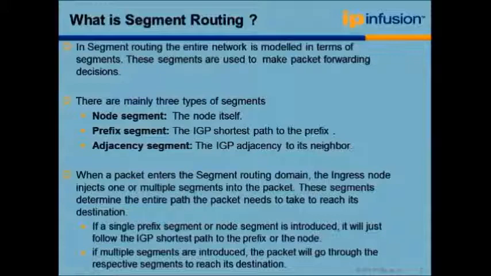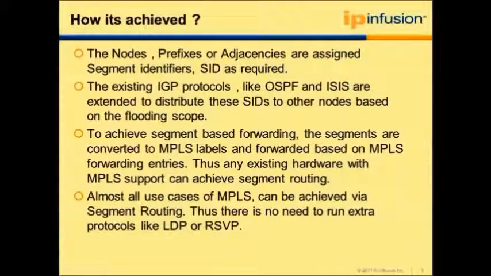If there is a single prefix segment or a single node segment introduced, it will just follow the normal IGP shortest path to the prefix. But if we have multiple segments introduced into the packet, it will follow the exact path which the segments are indicating, basically the node or the prefix or the adjacency, before reaching its final destination.